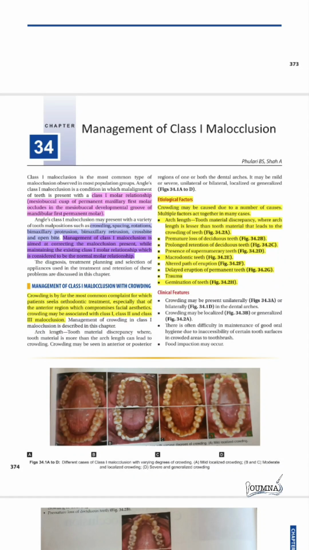After we have studied occlusion and malocclusion, its classification, and we have seen the removable appliances, the fixed, the orthopedic, and the functional, now we can gather this information and see how we can apply it in dealing with malocclusion management.